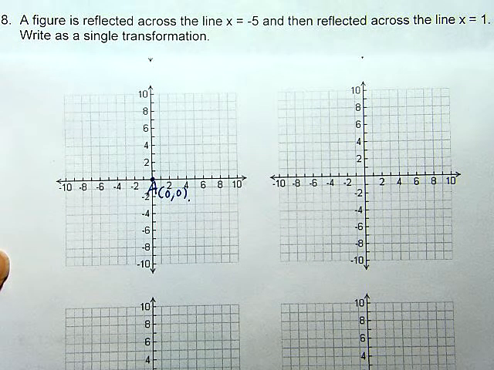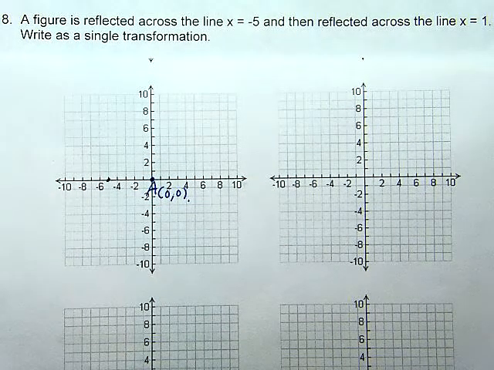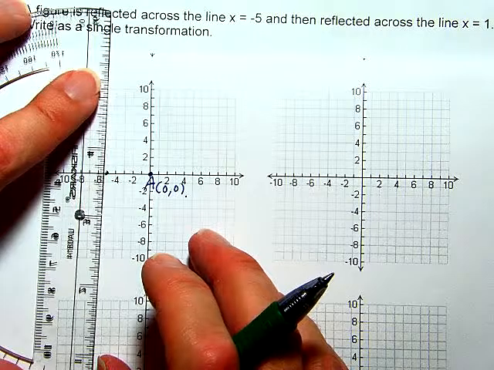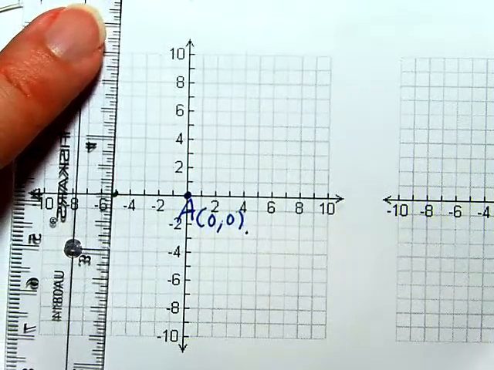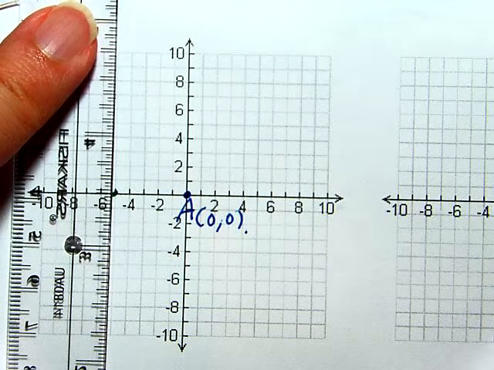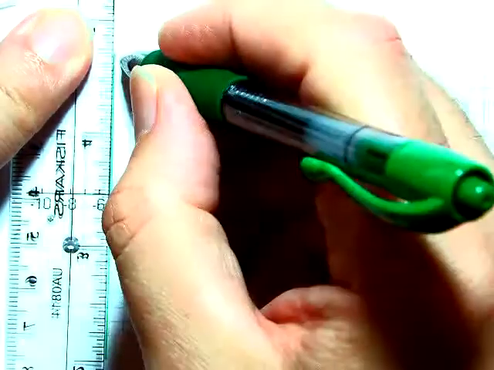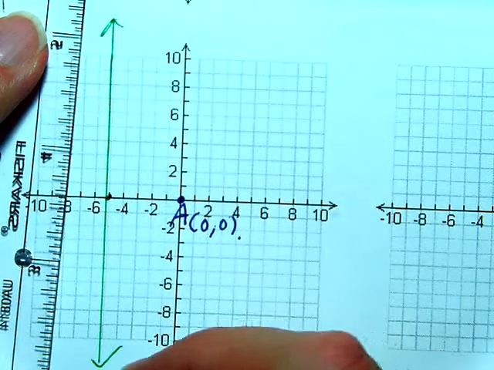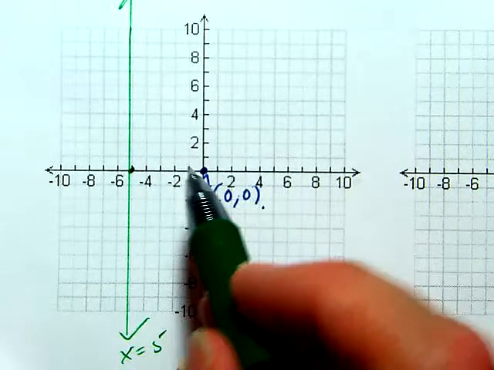Well, x equals -5 would be where x is -5 on the x-axis, and it would be parallel to the y-axis. So let's draw x equals -5 here, between -4 and -6, and then reflect this point over x equals -5.